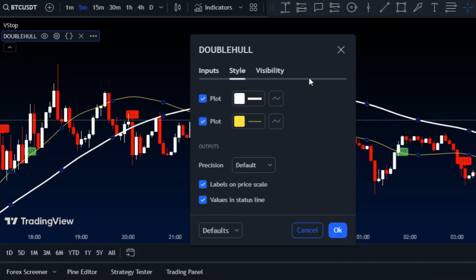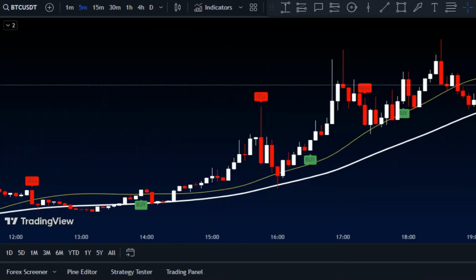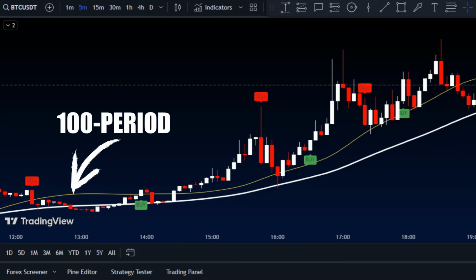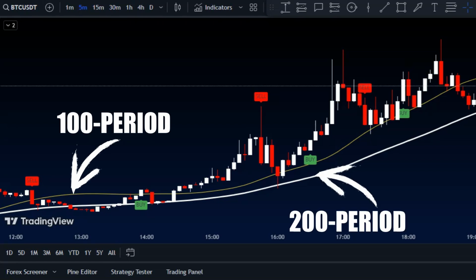This indicator consists of two whole moving averages, the 100 period, which is the yellow line, and the 200 period, which is the white line.